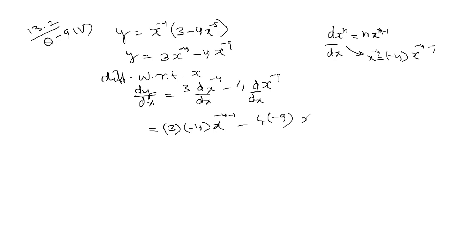So minus 9 x raised to power minus 9 minus 1. So minus 4 threes are minus 12, minus 12 x raised to power minus 5, and minus minus plus, 9 fours are 36, x raised to power minus 10.